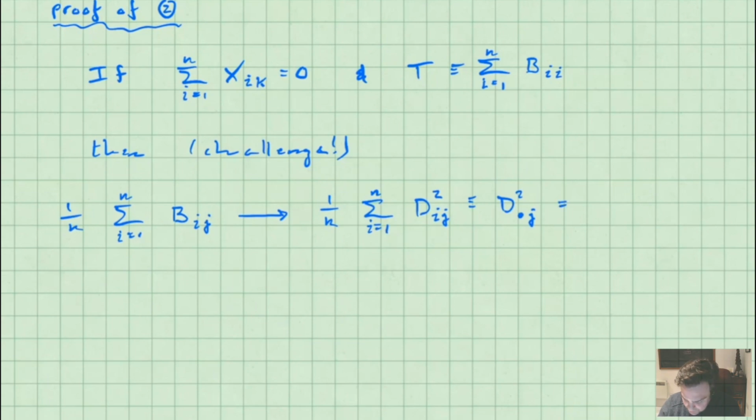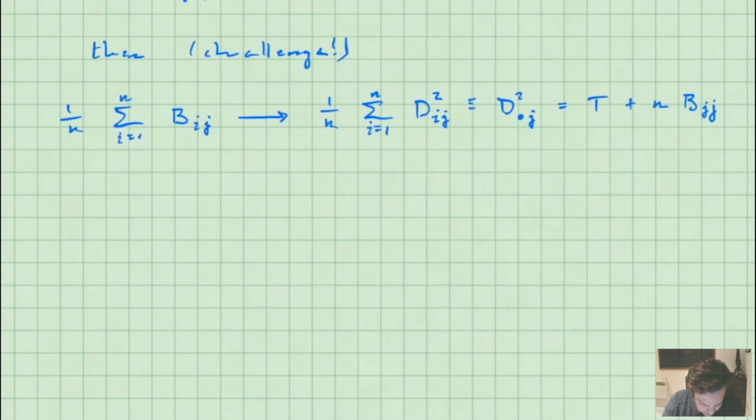This is equal to t plus n times bjj. Right? So really this is kind of just defining this symbol here and claiming that the sum turns into that, and that you can check. That's the challenge.